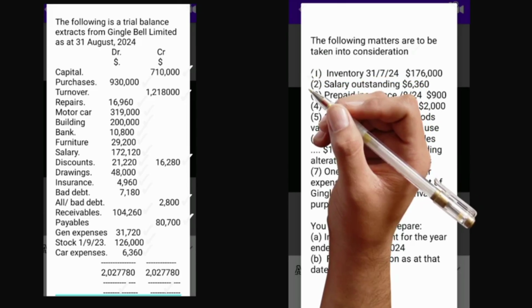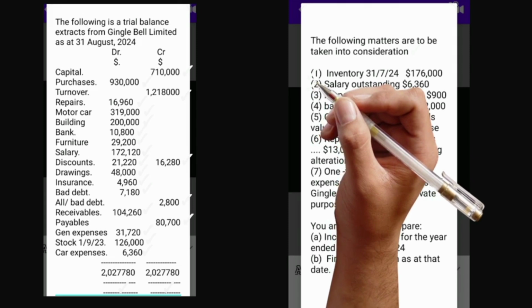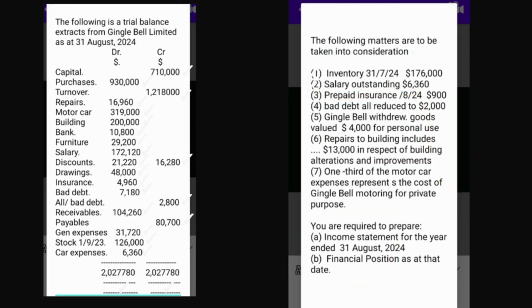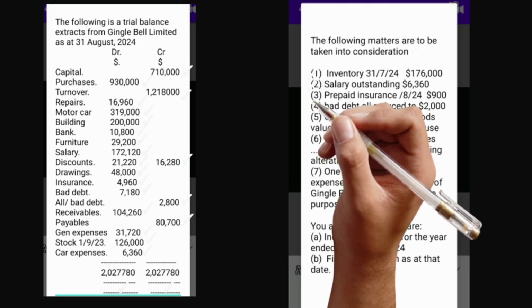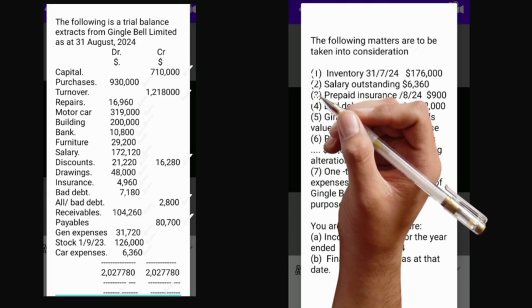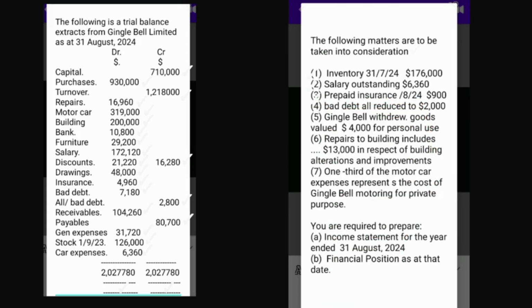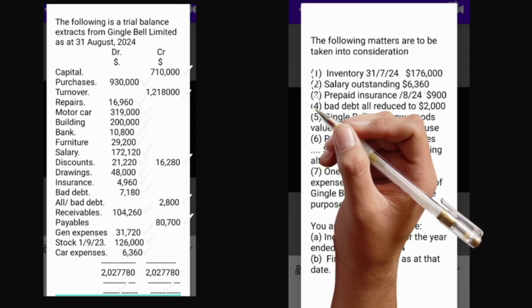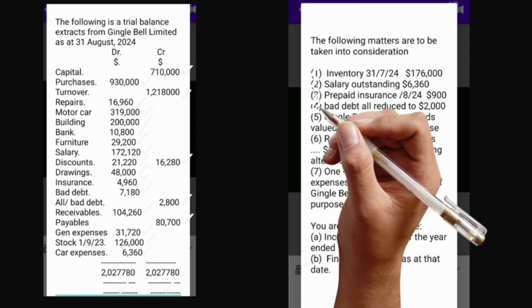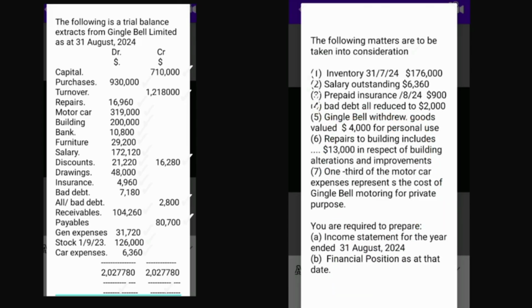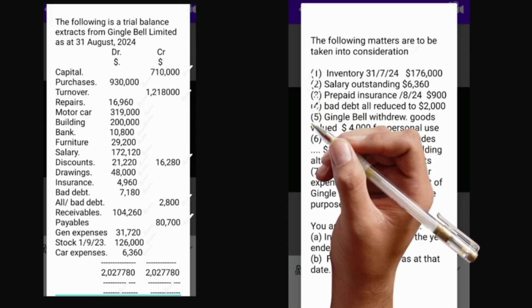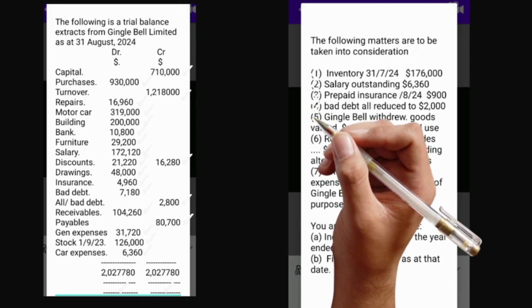Now the information is that the following matters are to be taken into consideration. 1. Inventory as at 31st August 2024 is 117,000. Salary outstanding is 6,360. Prepaid insurance is 900.